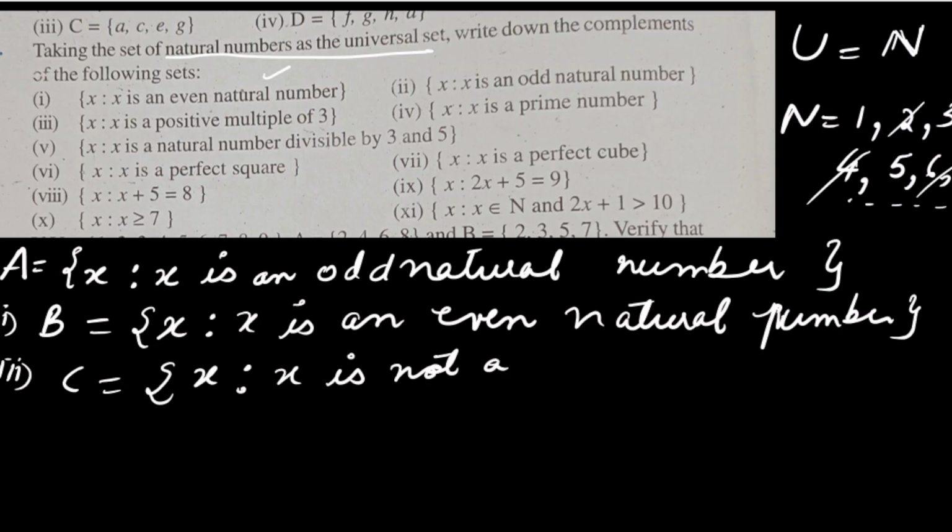If X here is a positive multiple of 3, then in its complement we'll write X is not a positive multiple of 3.